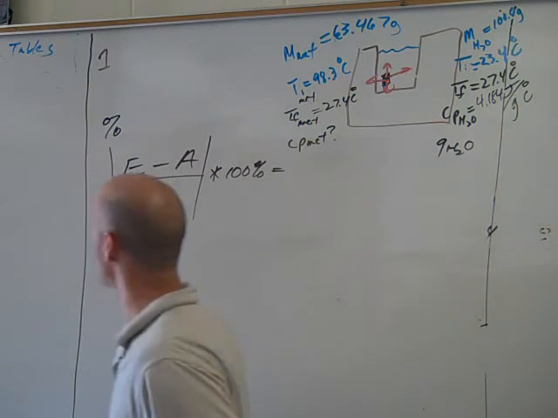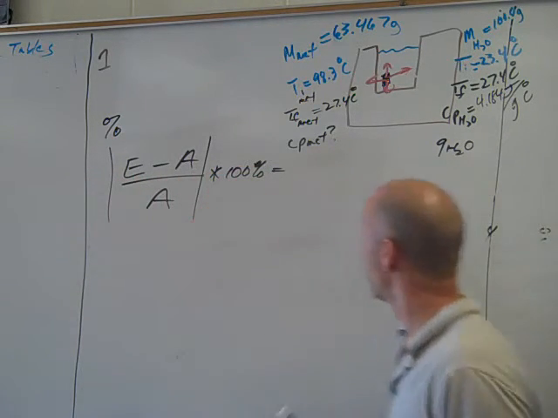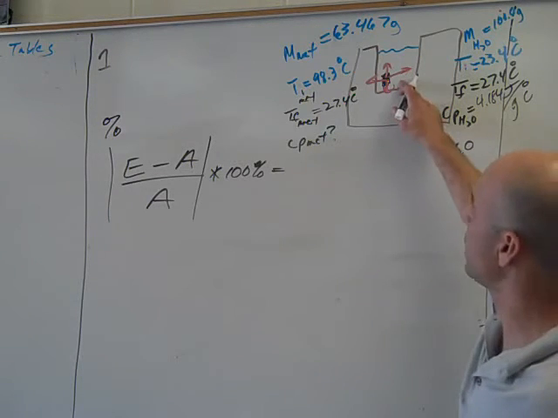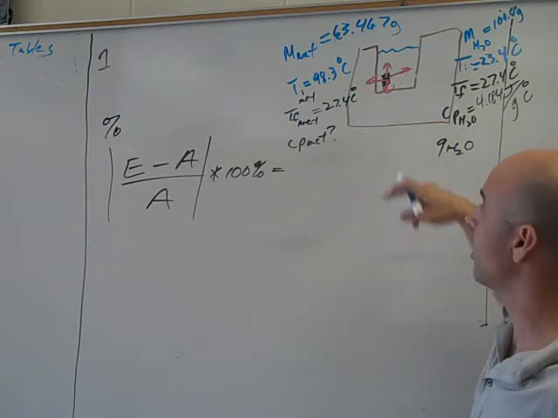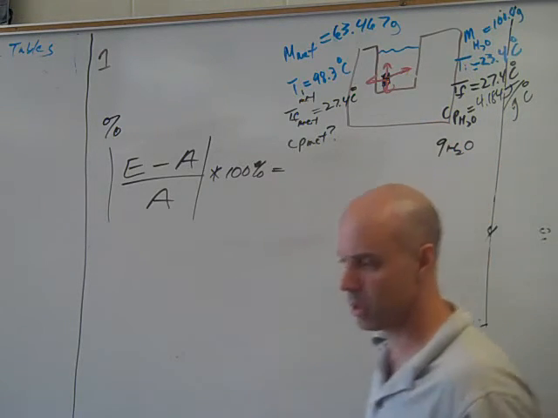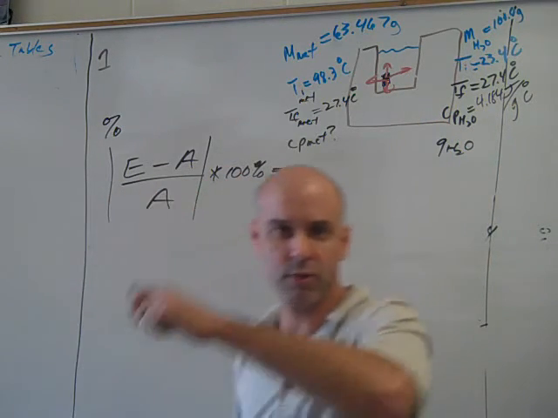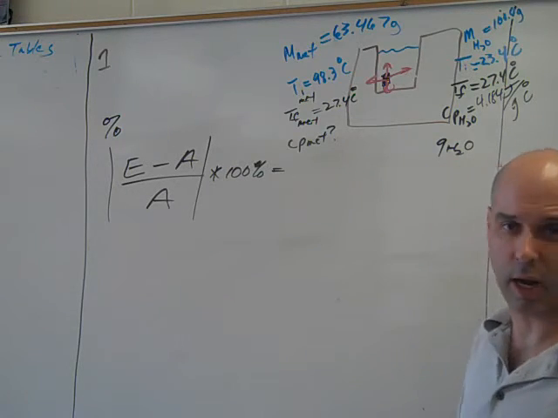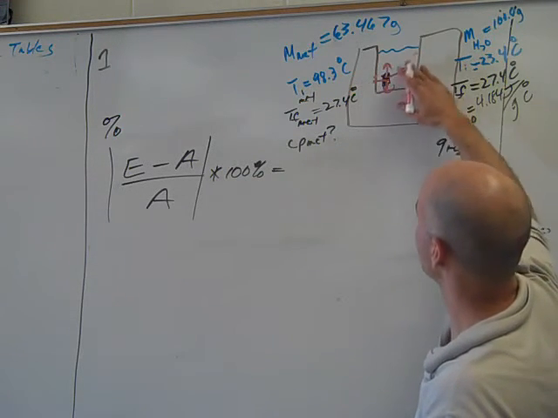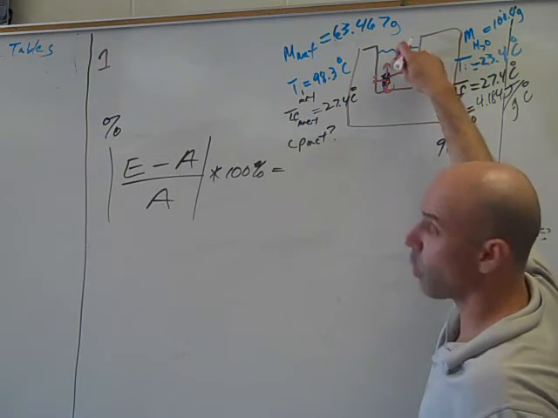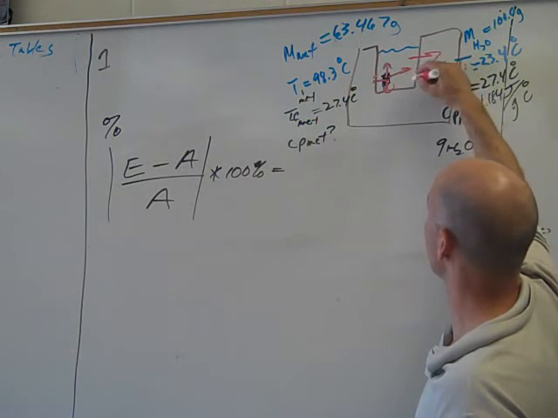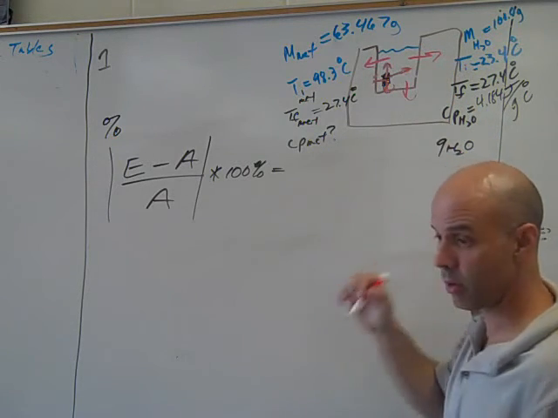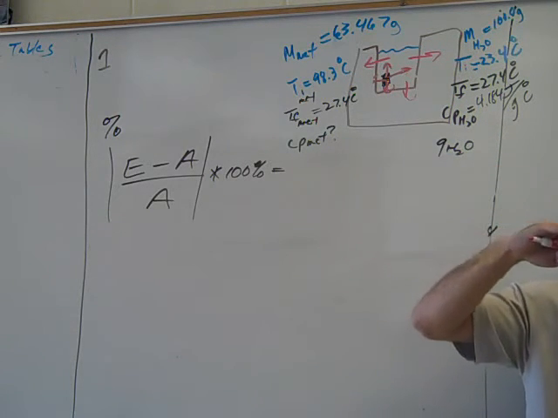What was one assumption we made? Where did all the heat go? Into the water. But did all of the heat go into the water? No. As you transferred it, some of the heat went into the air, right? When you dropped it into the water, the water heated up, and then some of the heat from the water went into the calorimeter, so the temperature of the calorimeter went up.